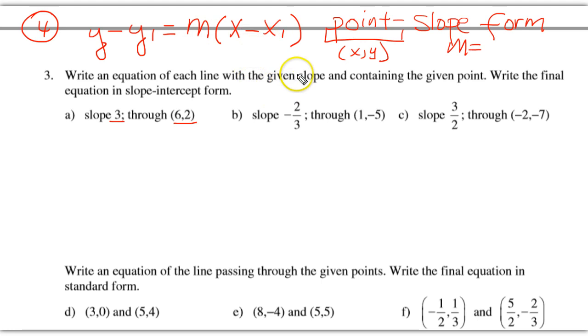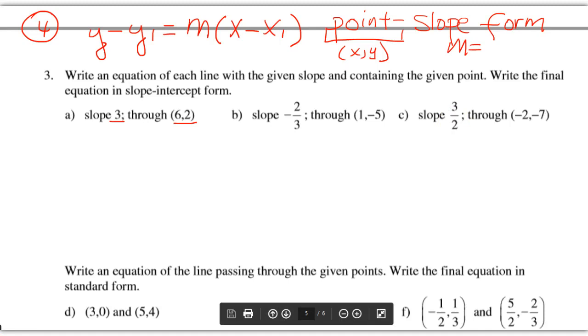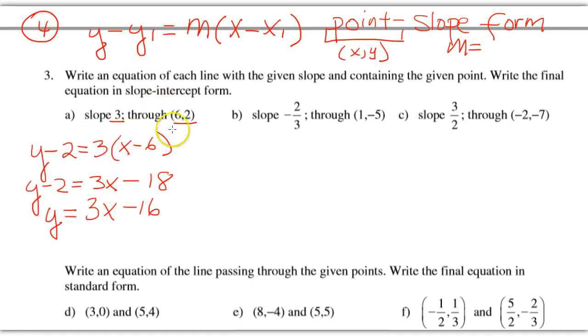And I'm going to sort of write these out, give you a chance to do it, and then I will go over it with you. So, substituting the 2 for the y here, and a 6 for the x, and 3 for the slope, and then multiplying through, clearing parentheses, and then transposing the negative 2 to this side, we get this.